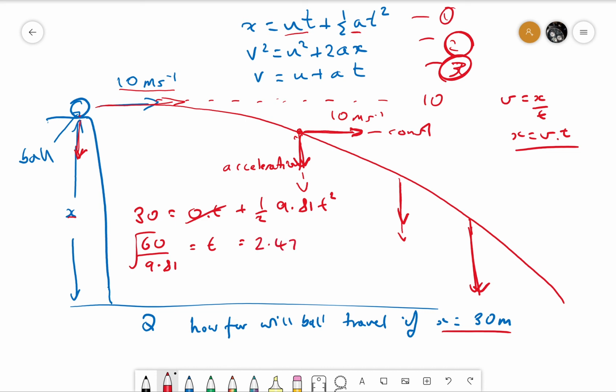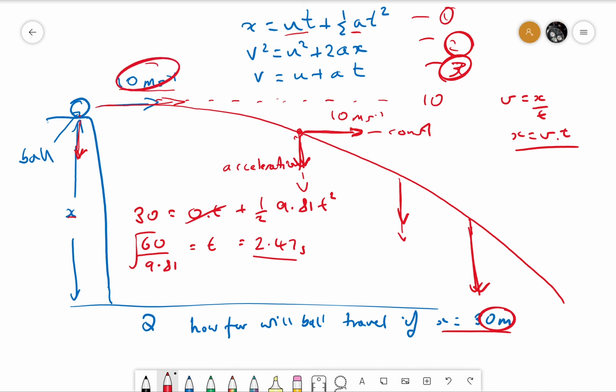is 2.47 seconds. Okay. Now it's an intermediate calculation, so I can leave that to as many significant figures as I like. But we need to round to 2 sig figs at the end, because I've only got 2 sig figs here and 2 sig figs there.